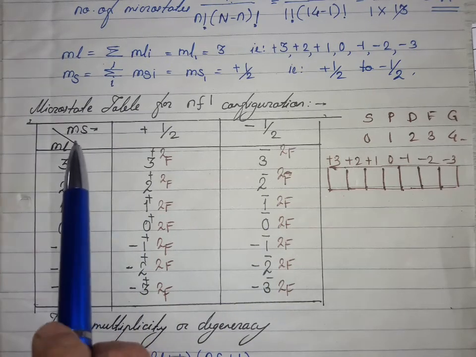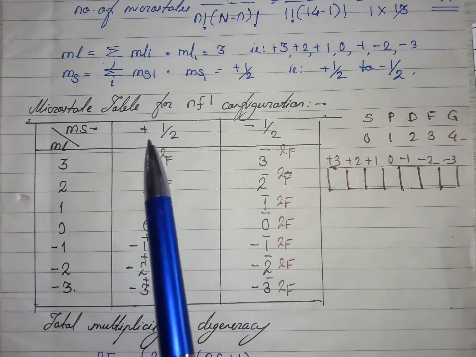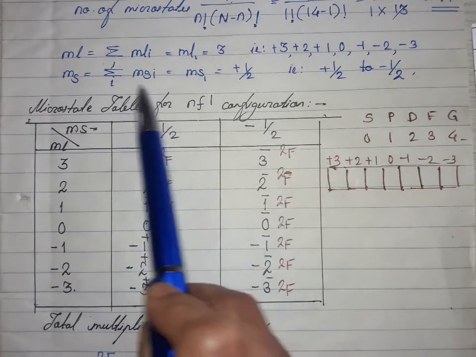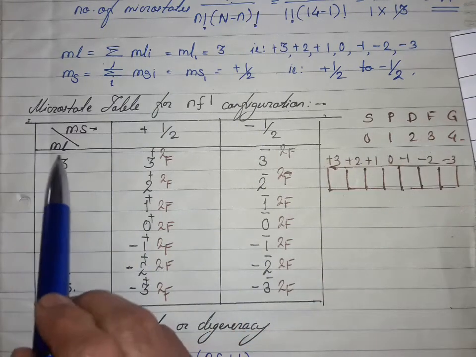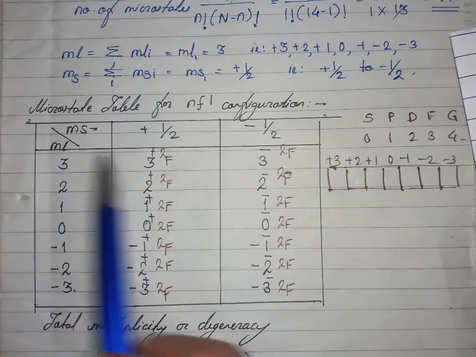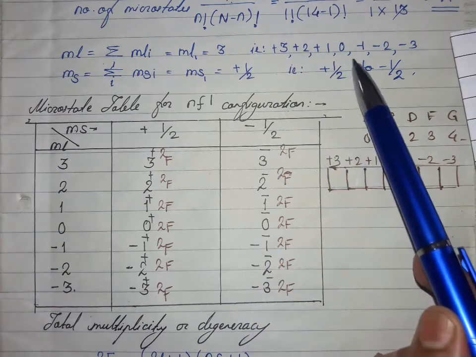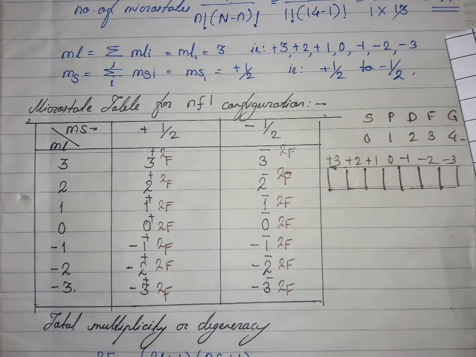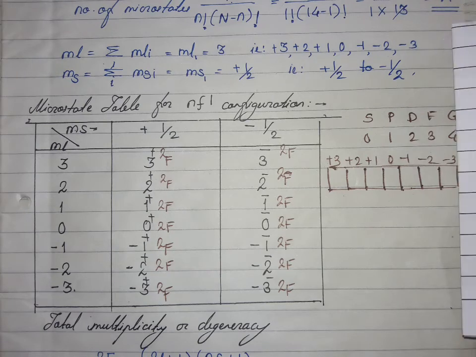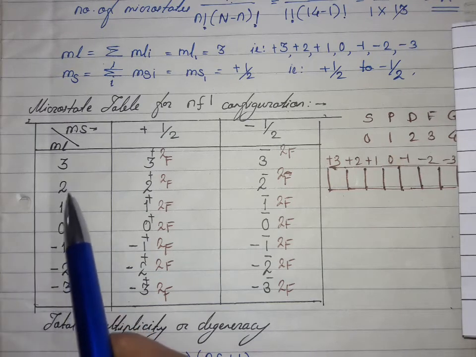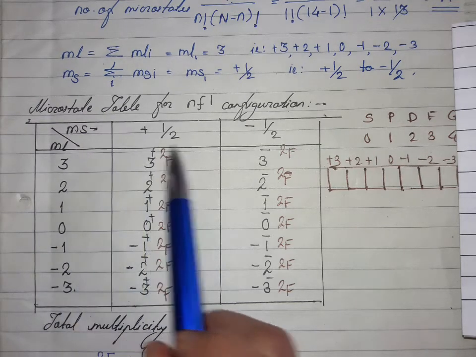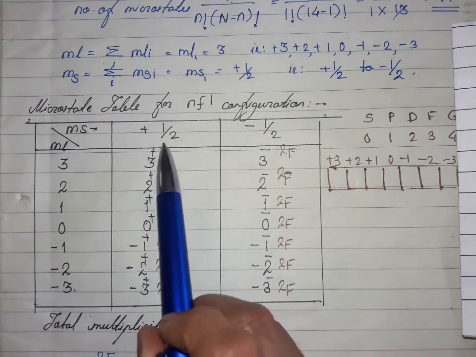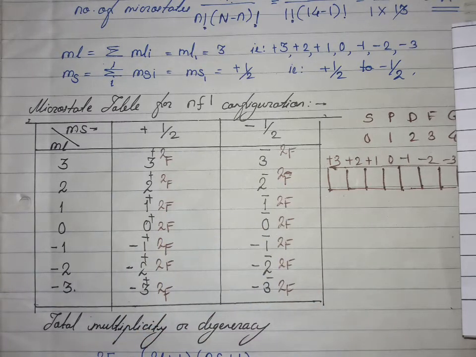The range of MS values is plus 1 by 2 or minus 1 by 2 spin. And the range of ML values is plus 3, plus 2, plus 1, 0, minus 1, minus 2 and minus 3. So write down from plus 3, 2, 1, 0, minus 1, minus 2 and minus 3. This is the range of ML, and MS is plus 1 by 2 and minus 1 by 2.